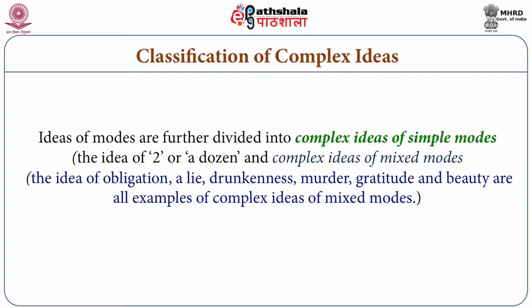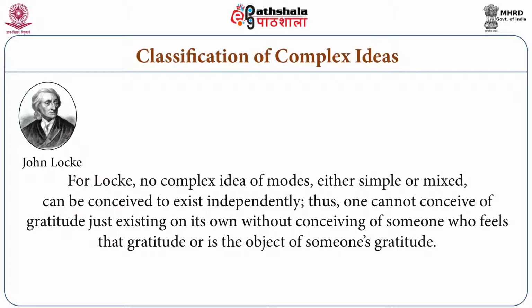Complex ideas of modes are further divided into complex ideas of simple modes, for instance the number 2 or a dozen, and complex ideas of mixed modes like obligation, a lie, drunkenness, murder, and things like that. For Locke, no complex idea of modes, either simple or mixed, can be conceived to exist independently. Thus, one cannot conceive of gratitude just existing on its own without conceiving of someone who feels the sense of gratitude.